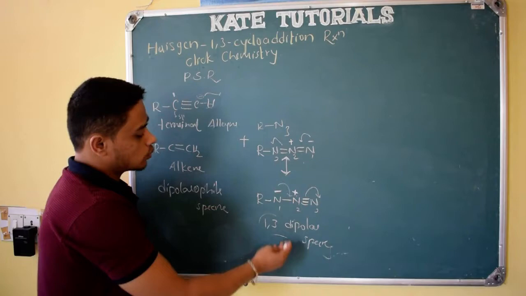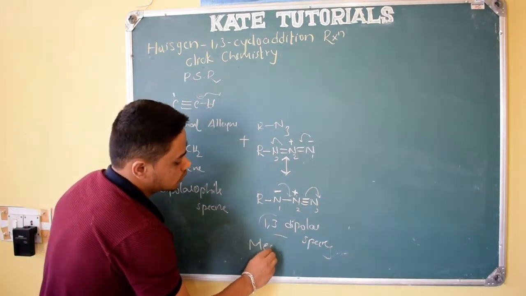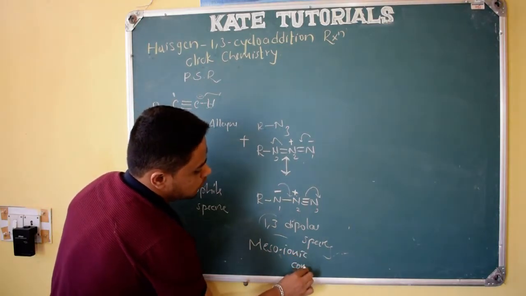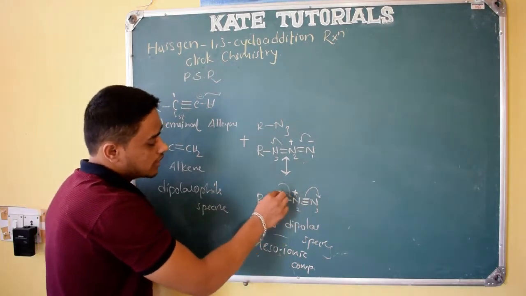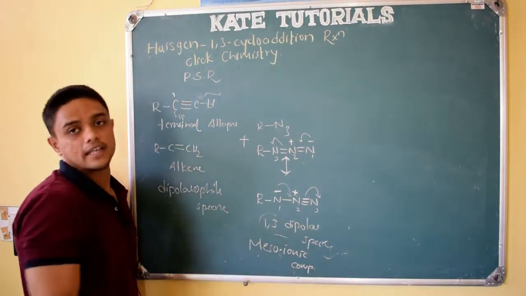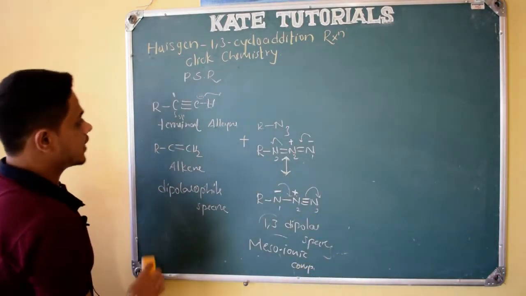One more name for 1,3-dipolar species is meso-ionic compounds. What are meso-ionic compounds? Compounds that have both positive and negative charge, the dipolar species themselves, are called meso-ionic compounds. These are the different names we use, right?